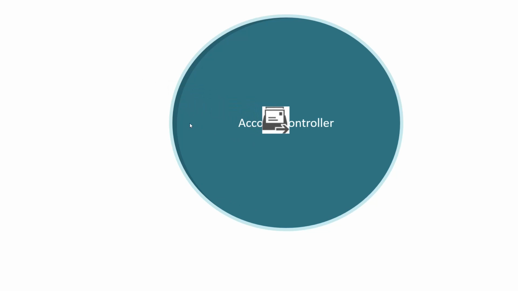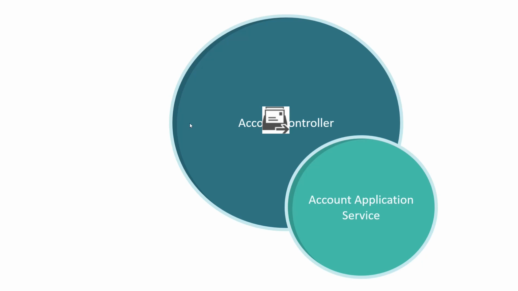Data goes from the web browser to our application through HTTP. The account controller handles this data, and then it uses the account application service to create the account.